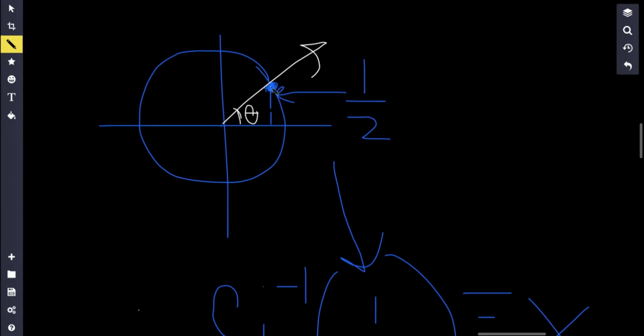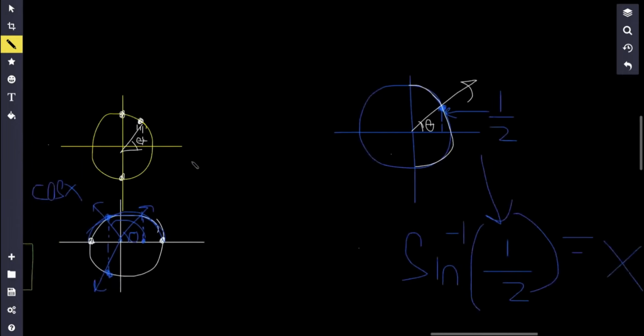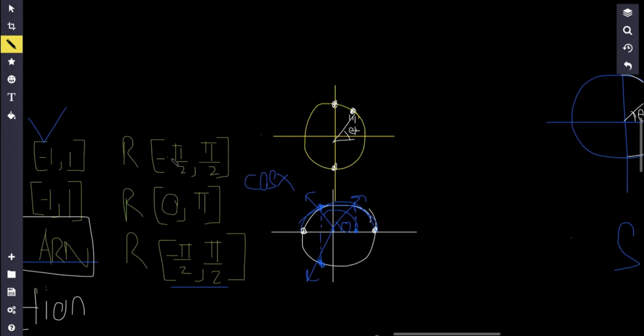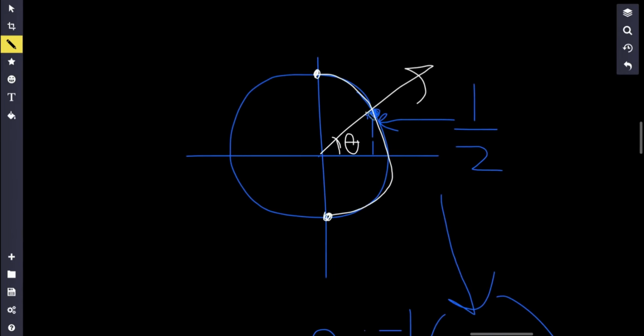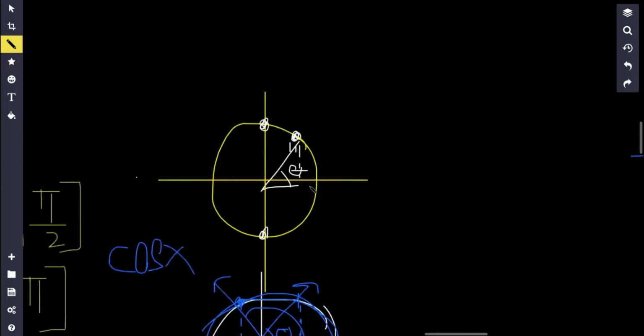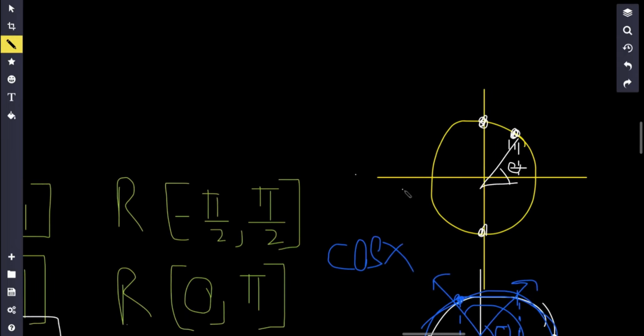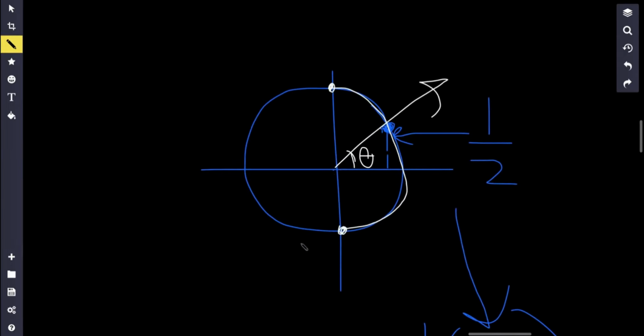Notice how I'm drawing the angle from negative pi over 2 to pi over 2. So this is negative pi over 2, this is pi over 2. Remember that my angle cannot be in quadrants 2 or 3 because we're restricting our range to this. All our possible answer choices are between quadrant 1 and quadrant 4.